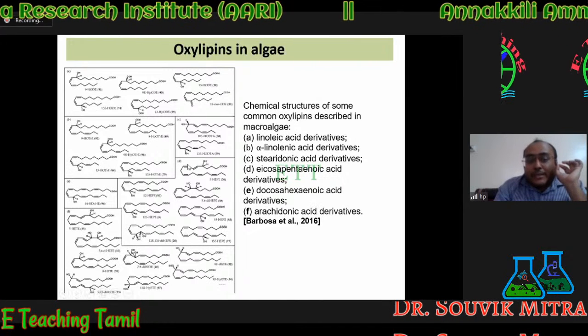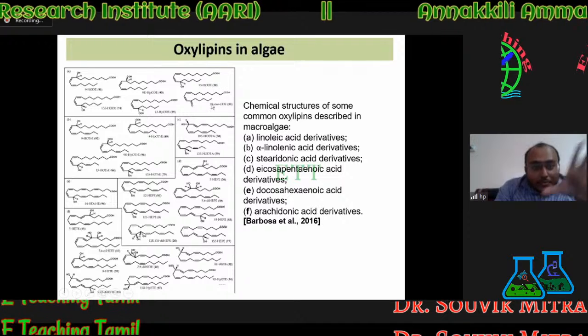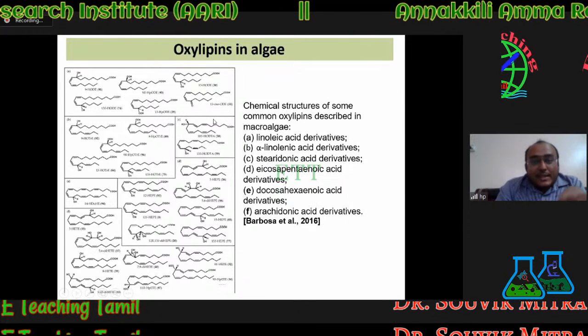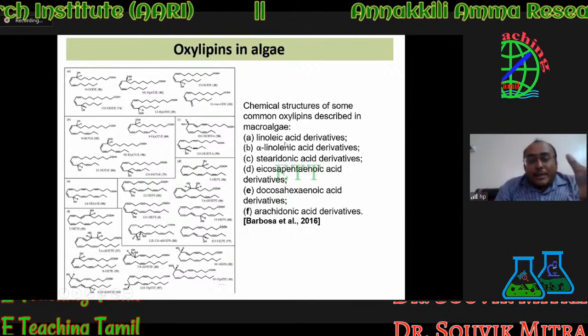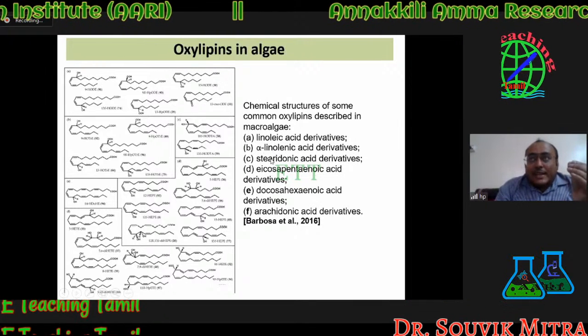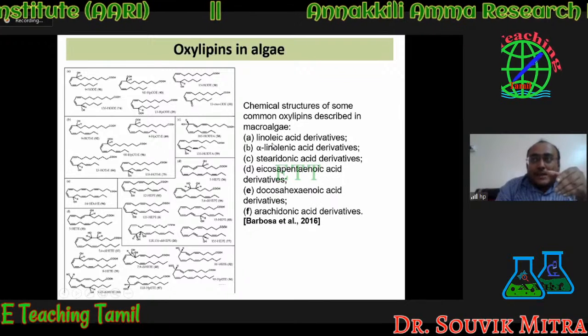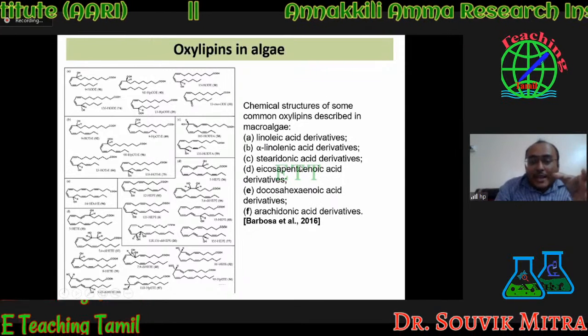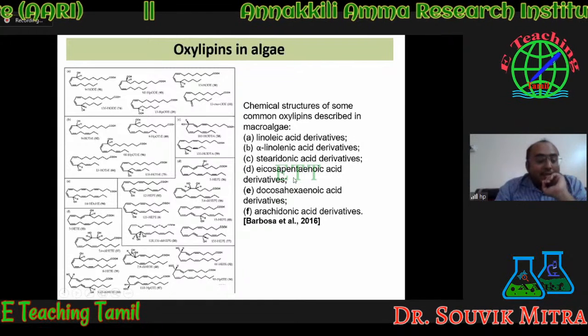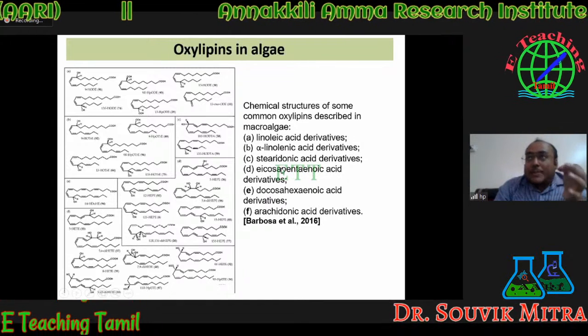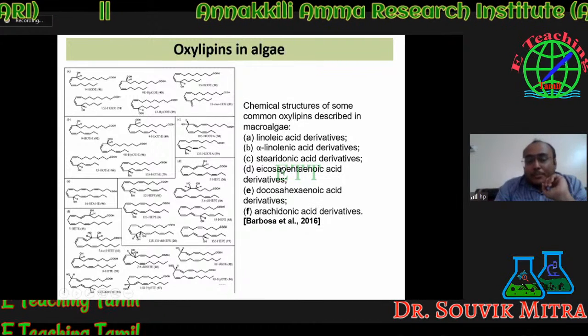These examples are given, all these compounds which are formed from linoleic acid. Alpha linolenic acid, another 18 carbon fatty acid, and stearidonic acid can also act as the precursor. In case of 20 carbon fatty acids, arachidonic acid and icosapentaenoic acid both will act as the precursor.